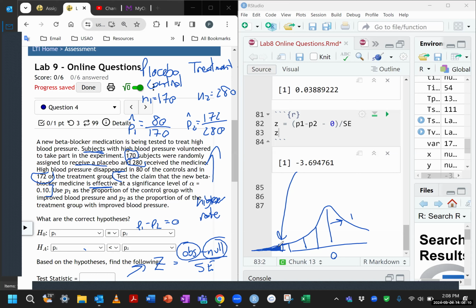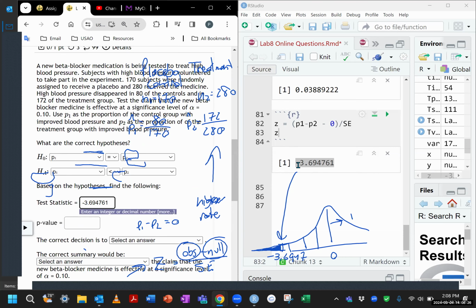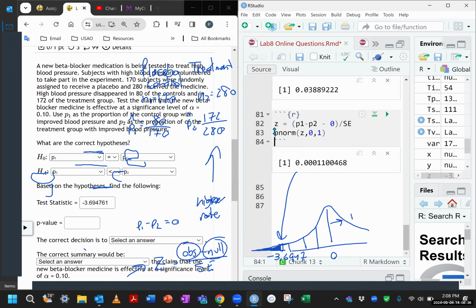So it looks like I'm going to find the lower tail of that. So to find that, oh, here's my test statistic. I can already put it in here. So to find my p-value for that test statistic, that'll be pnorm of z, and it's standardized, so I don't have to say 0, 1, although I could if I wanted. And that's my p-value. It's pretty small.